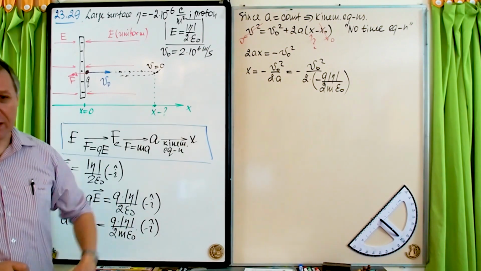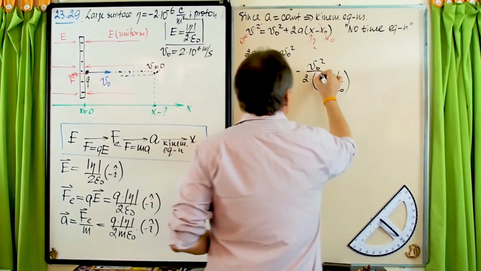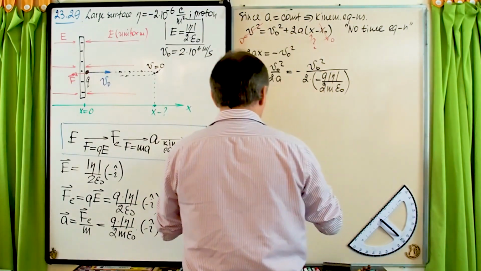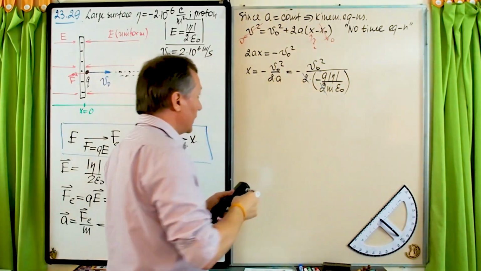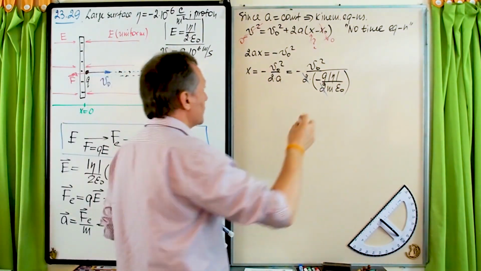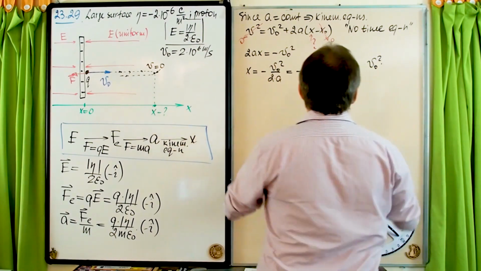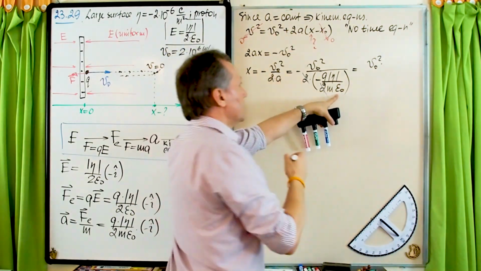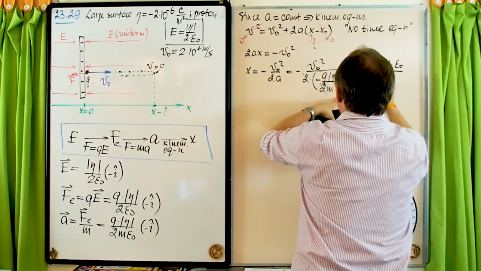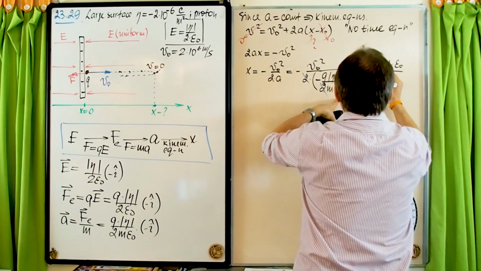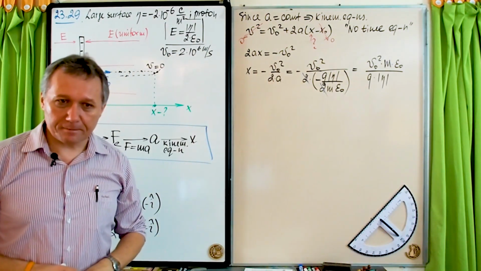And the kinematic equations are not vector equations. So the 2 can be cancelled, and that's the answer. It will be v naught squared, m epsilon naught goes to the numerator, divided by q and the absolute value of the surface charge density.